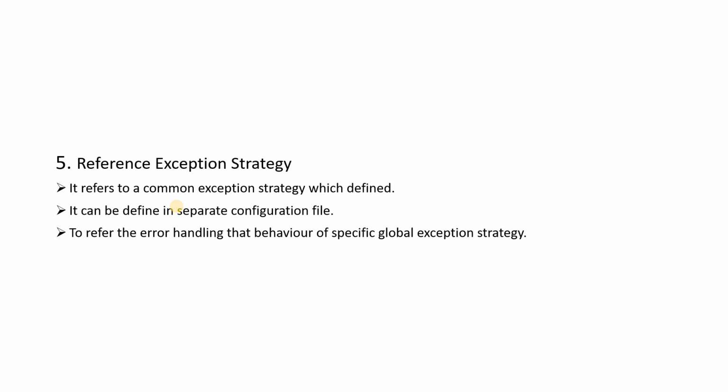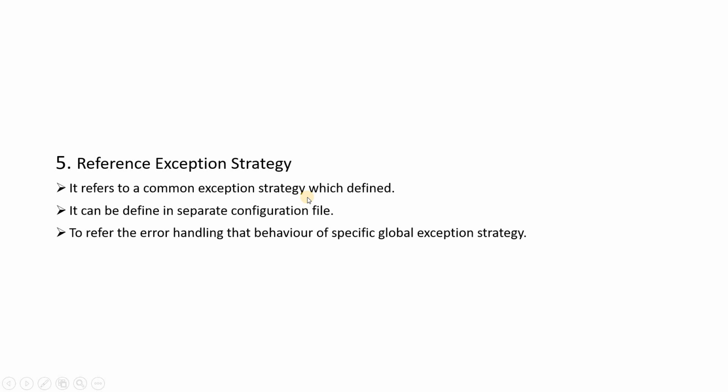So let's come to the last exception strategy, which is the reference exception strategy. Basically, it refers to a common exception strategy which is defined, and it can be defined in a separate configuration file, to refer to the error handling behavior of a specific global exception strategy.